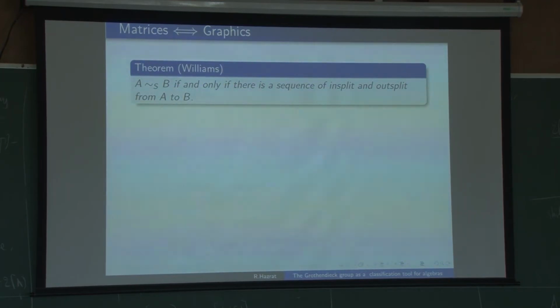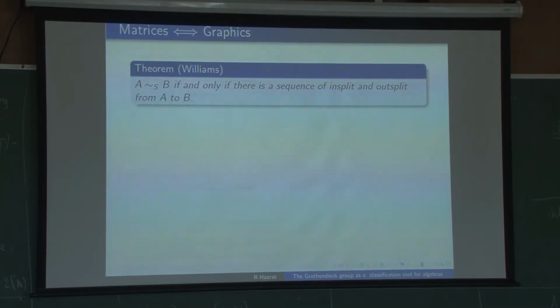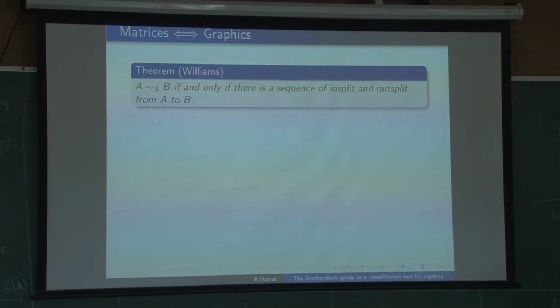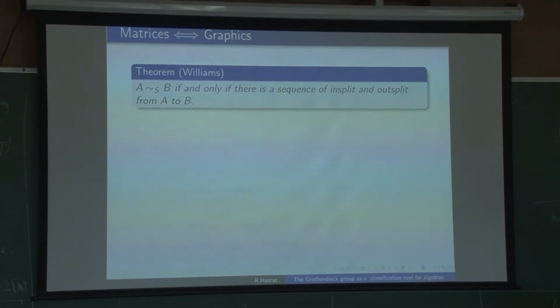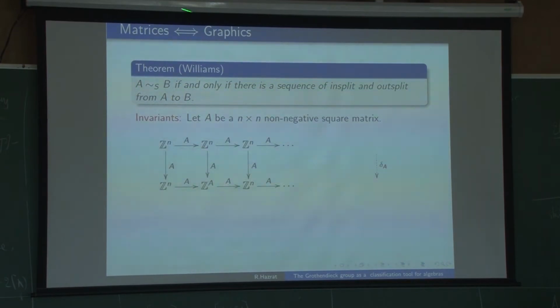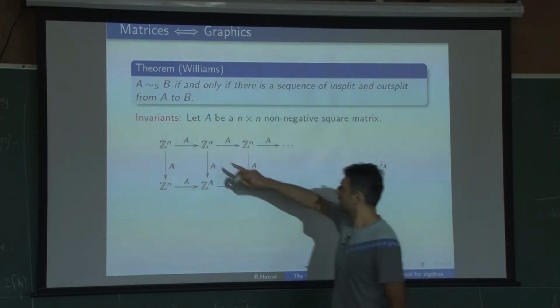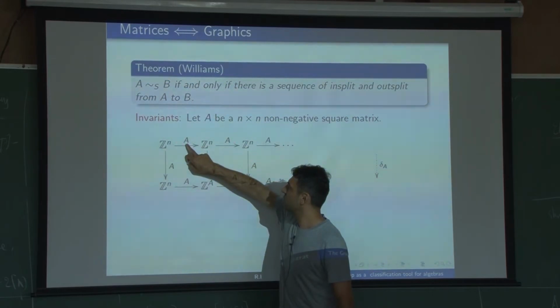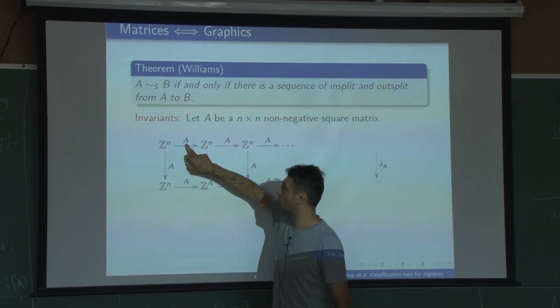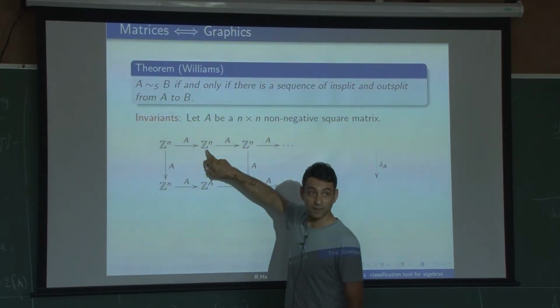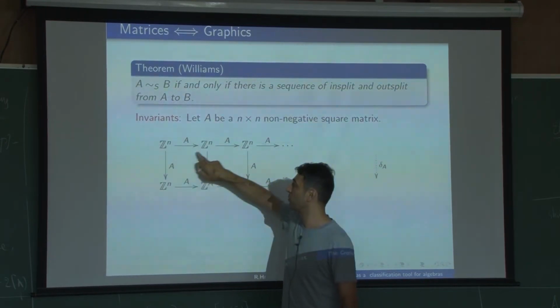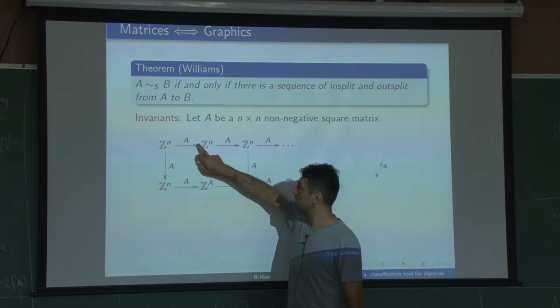Great. So now, Suri asked me about invariants, of course, so let's see if I can come up with some invariants that quickly tell me if A and B are shift or strongly shift equivalent. Alright, so let's start with an A. This is, again, a matrix filled with non-negative integers. A is an n by n matrix, so you can think of this as a homomorphism from Zn to Zn. It's a homomorphism, this is an abelian group, so now keep doing this.